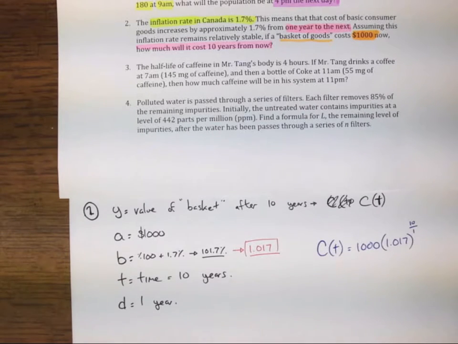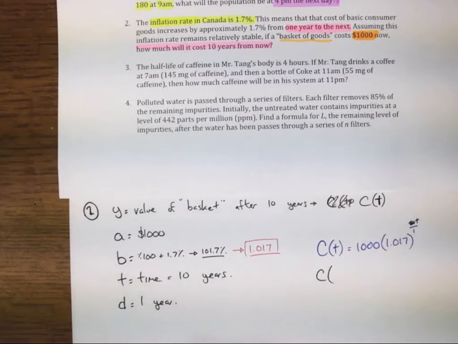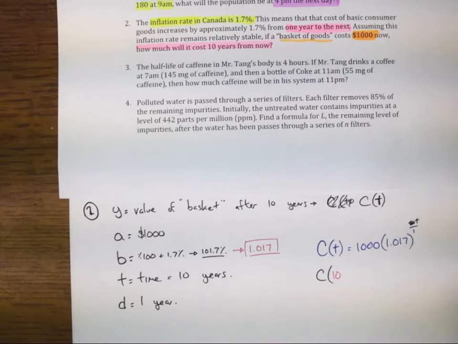And then cost as a function of 10 years, if we put in an input of 10, that will give us 1,000 times 1.017 to the power of 10.